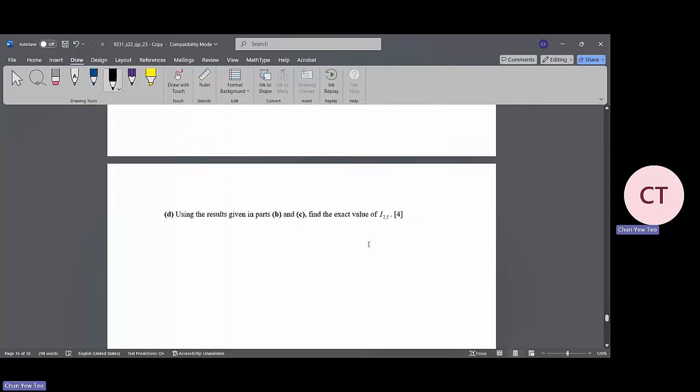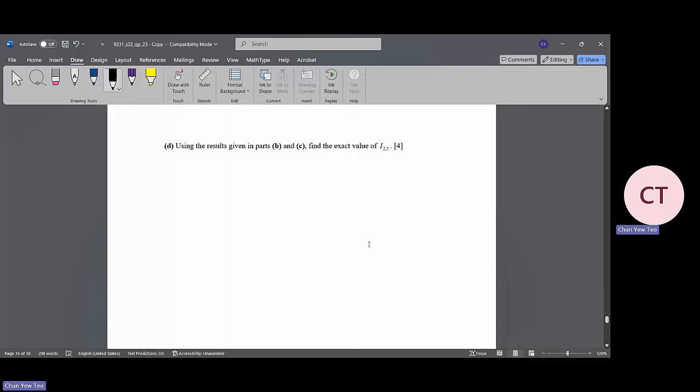Okay, so now we move on to part D. Using the results given in parts B and C, find the exact value of I_2,5. So to find I_2,5, that means m is 2 and n is 5. So we just copy the result from part B using this formula. It is like this.